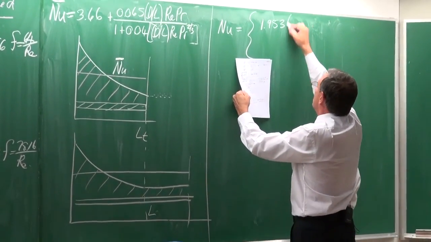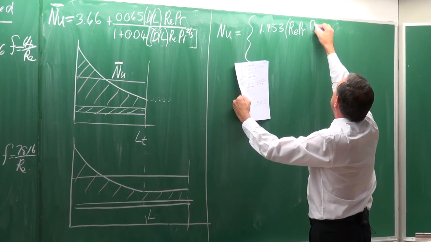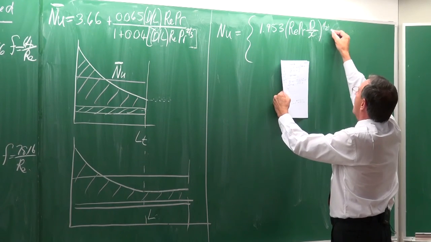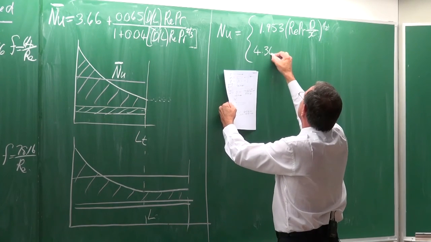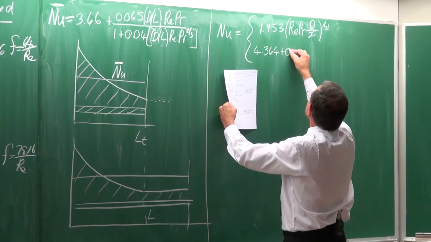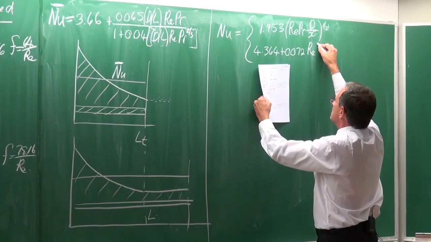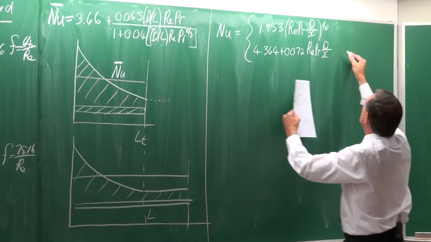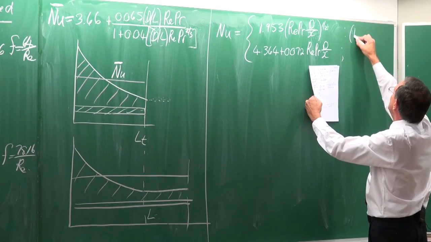1.953 multiplied by the Reynolds, the Prandtl, d divided by x to the half, and 4, 0.364 plus 0.072 multiplied by the Reynolds number, the Prandtl number, d divided by x. Those two equations are valid for different ranges.